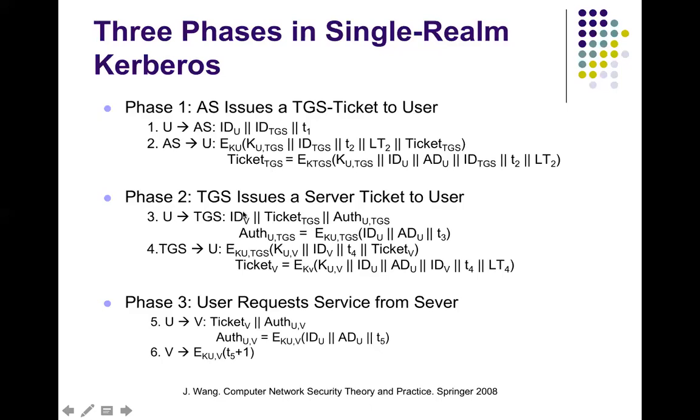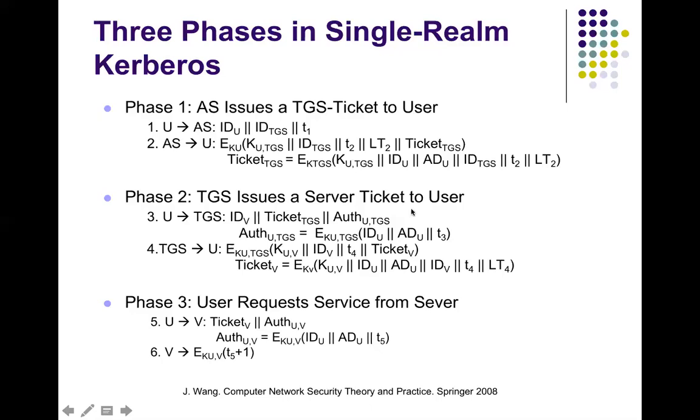Every time the user wants to use a particular service, the user will reuse this ticket. Phase one is only done once in one particular Kerberos session, and that will be for a long period of time, such as 8 hours in a working day, or 12 hours, or whatever.